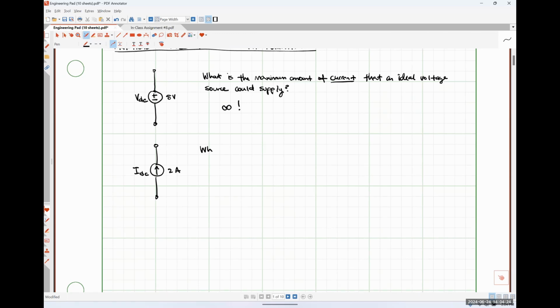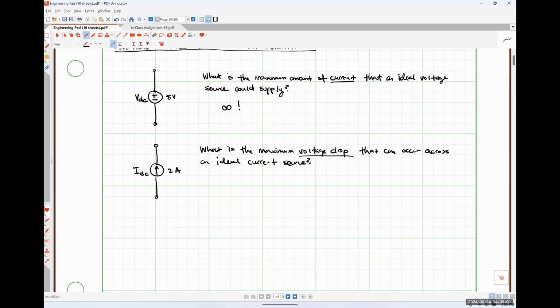What is the maximum voltage drop that can occur across, sorry, that one S looks like garbage, an ideal current source?